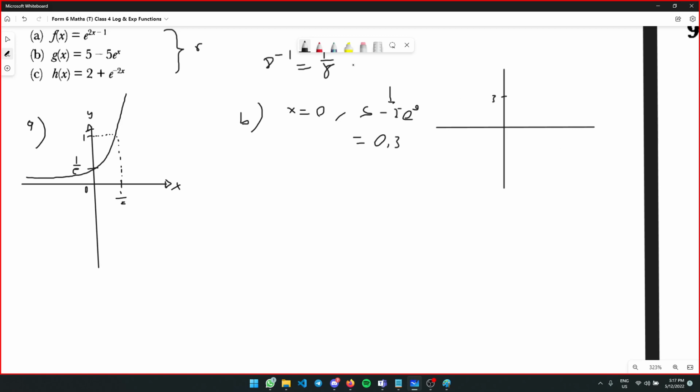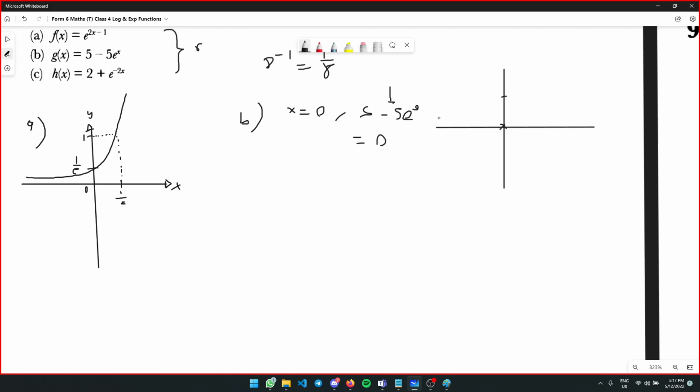So you have to notice that also, just keep those things in mind. For now, it is not 3, it is 5. So it's 5 minus 5, which is 0. So you know that when x equals 0, y will also equal 0. So it has a point here.